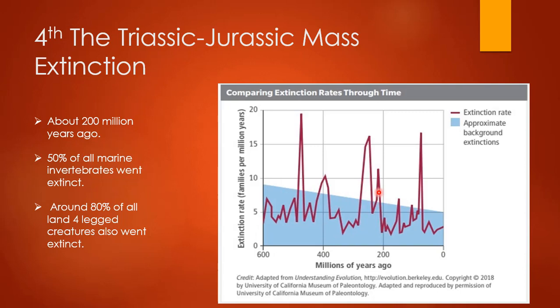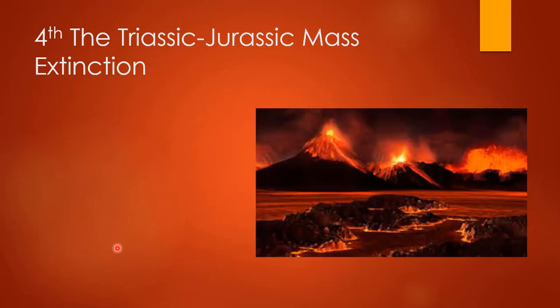There were still a lot of creatures on this planet that had evolved, taken over, or reproduced in that 50 million years. During this extinction, about 200 million years ago, 50% of all marine invertebrates went extinct, and about 80% of all four-legged creatures on land went extinct.